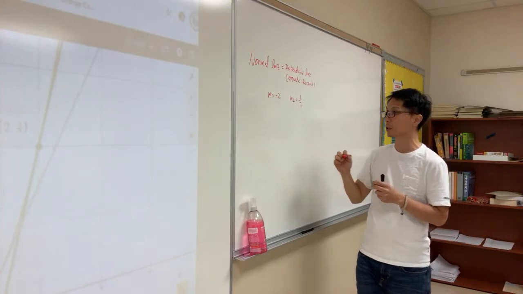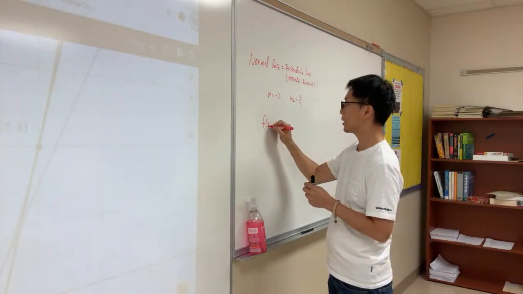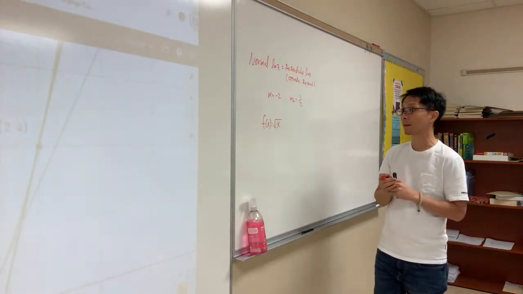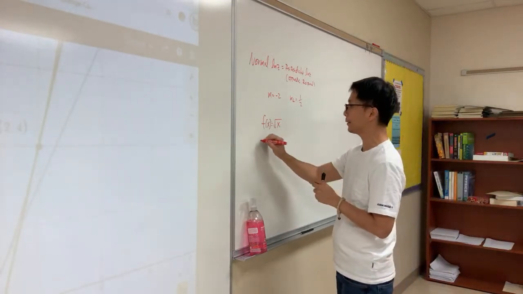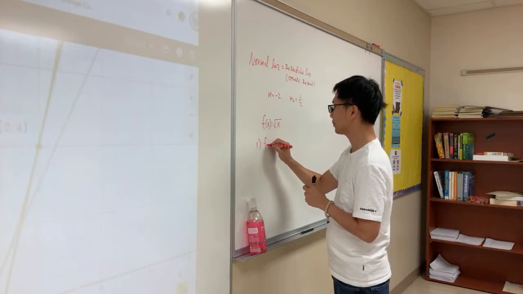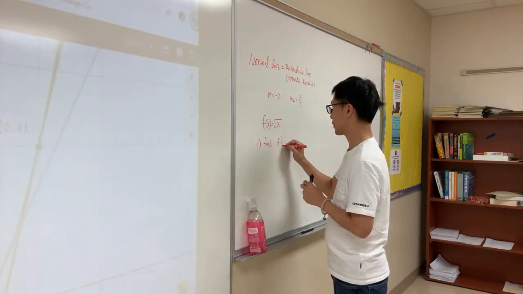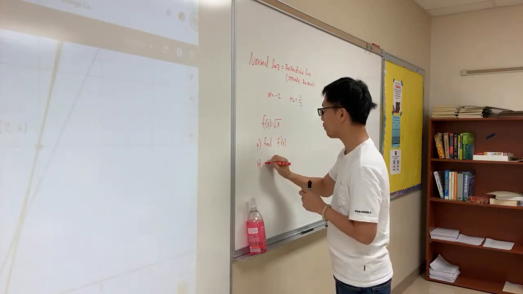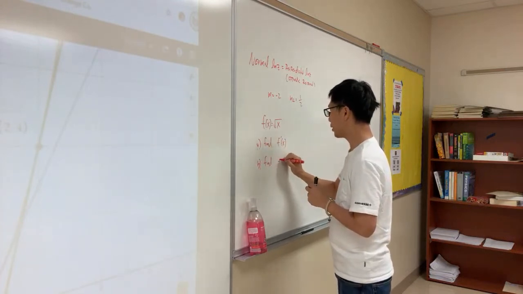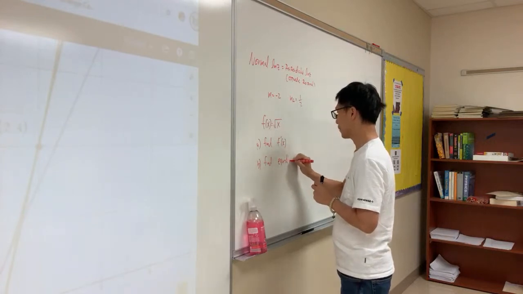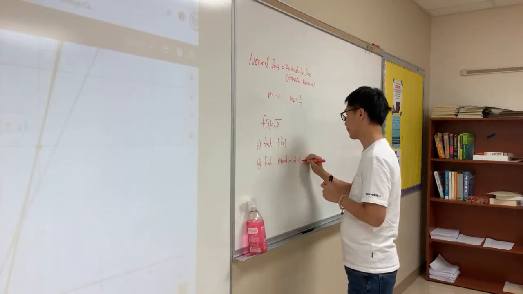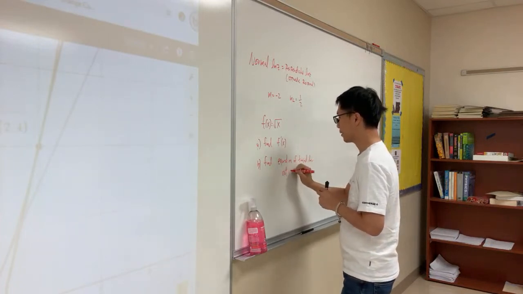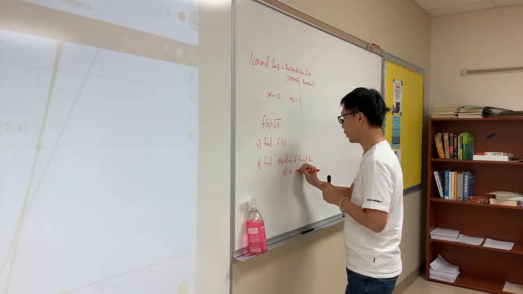So here's my question to you. I say f of x is equal to square root of x. Okay? And I want you to find f prime of x. That's part A. Part B, I want you to find the equation of the tangent line at x equal to 4.